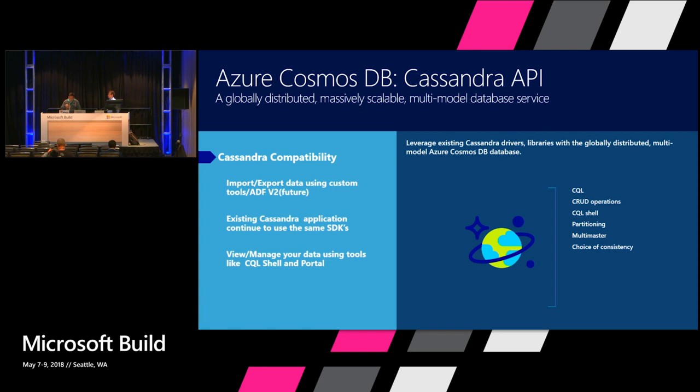Just like the way we explained in the MongoDB API, you saw how to manage or monitor. You would just use the metrics which are on the portal or create alerts on the portal. And if you are interested, tomorrow you can come down. I will explain how Cosmos DB does it for the SQL API, and pretty much the same concept will apply in the Cassandra API too, to create alerts and to monitor all those pieces.